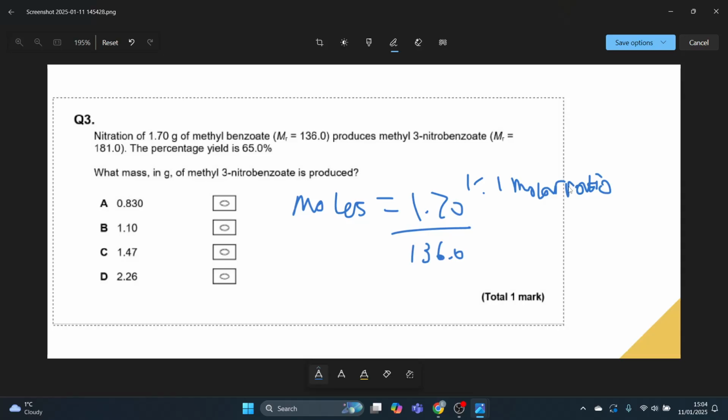So what I do is I get 1.70 divided by 136 moles times by 181.0, and then I get 2.2625 as the mass produced, but then I'm given a percentage yield, so now I need to times by not 65 over 100, the opposite, 100 divided by 65.